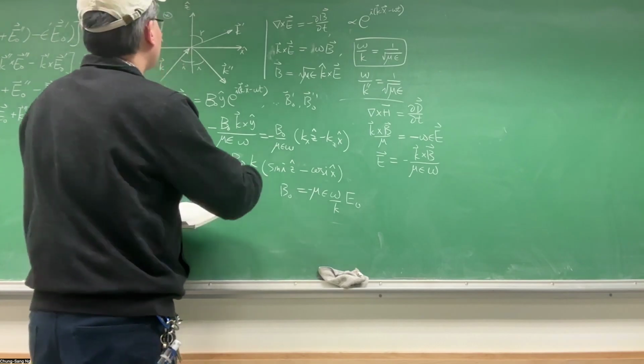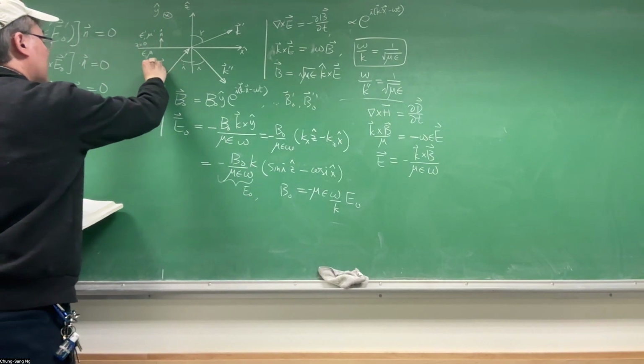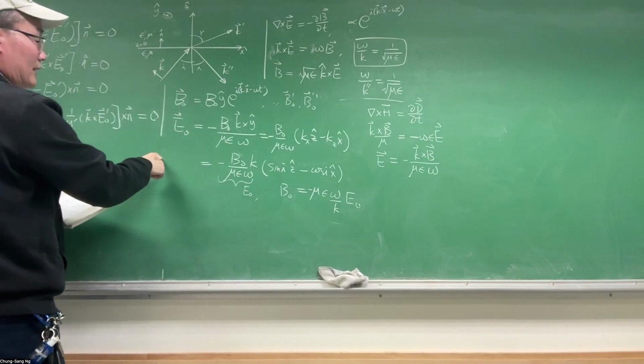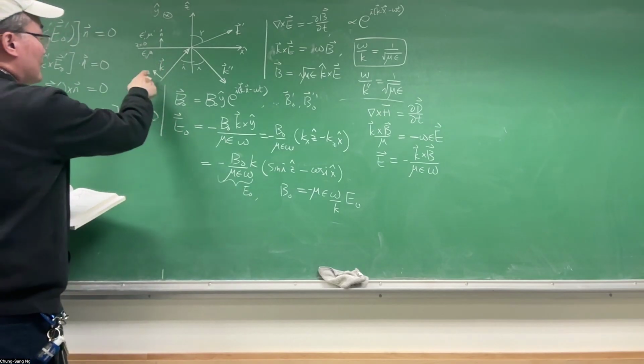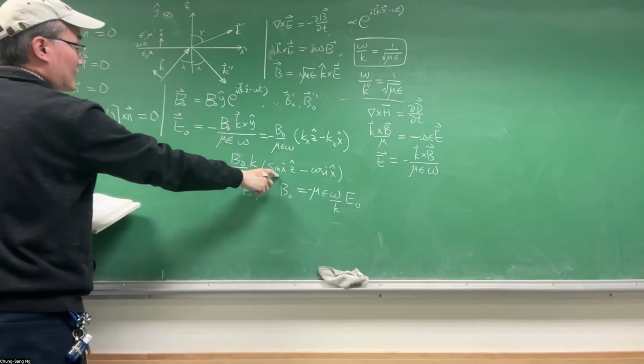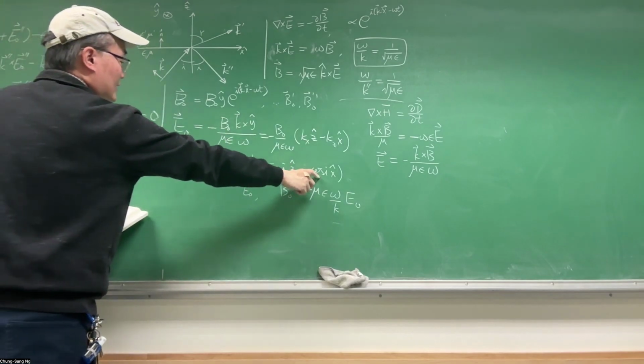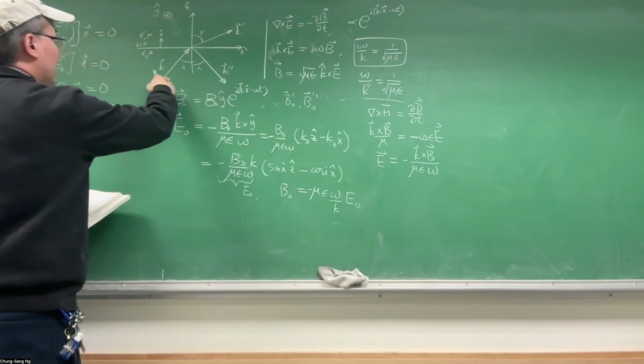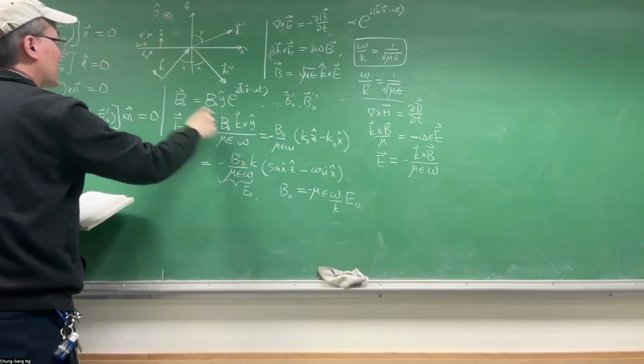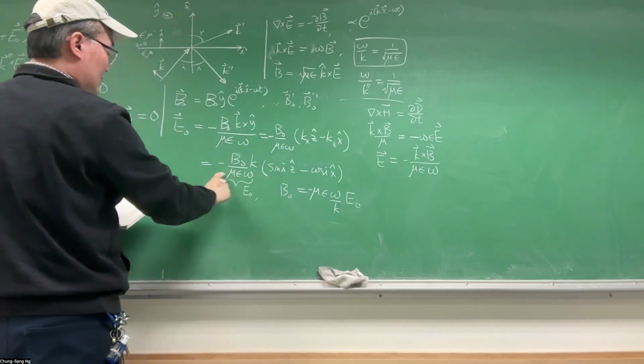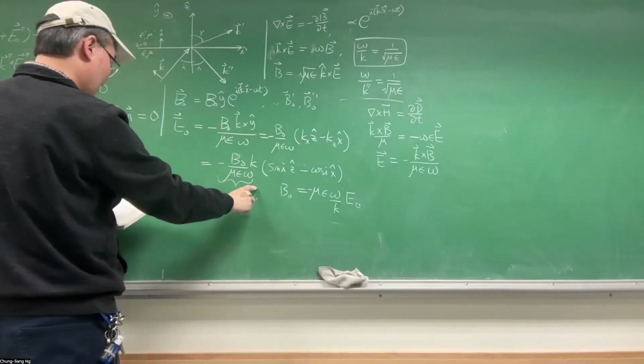The incident wave, Jackson points the electric field in this direction. So it has positive z direction, sine i, and negative component in the x direction. So this is the right direction. So this is what E0 is.